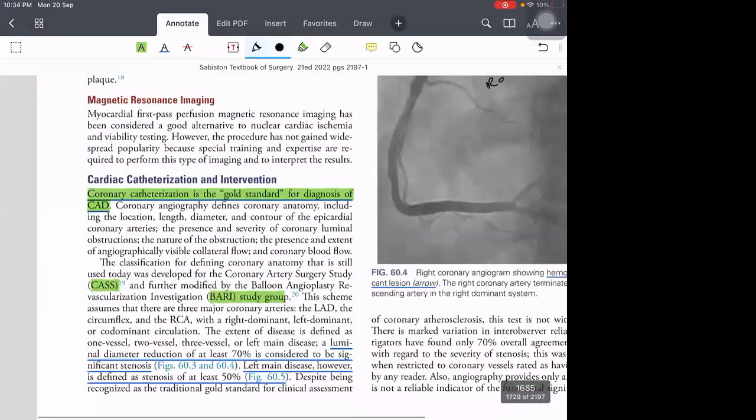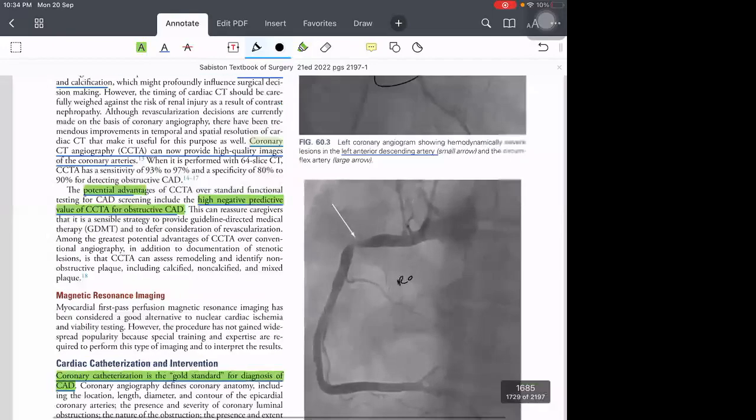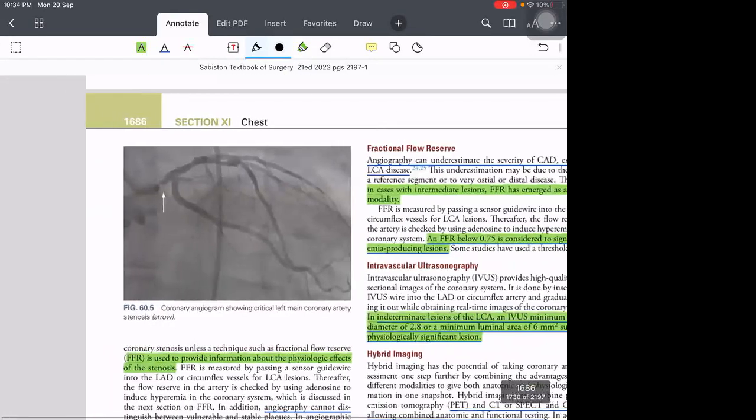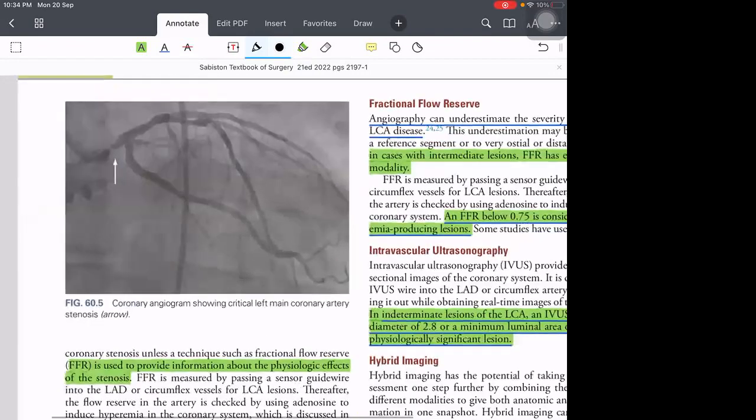These three angiogram findings are very important, and they will ask a picture question.